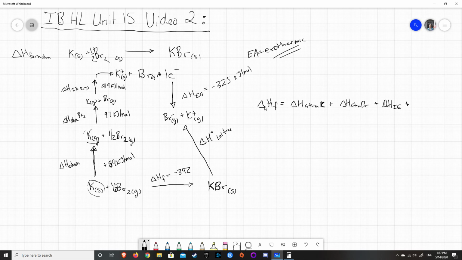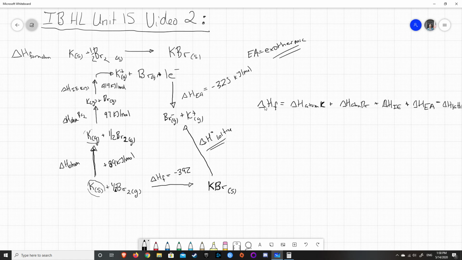You add, because this is a negative value, delta H of electron affinity. And finally, you can flip this arrow down. So it's negative, minus delta H of lattice enthalpy.